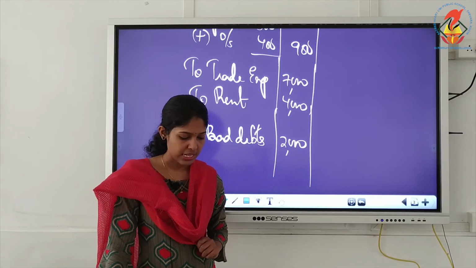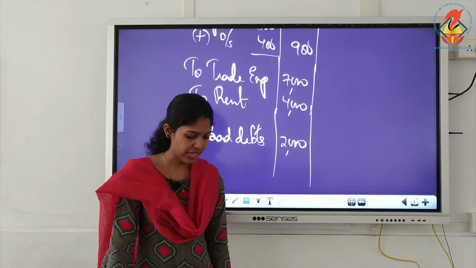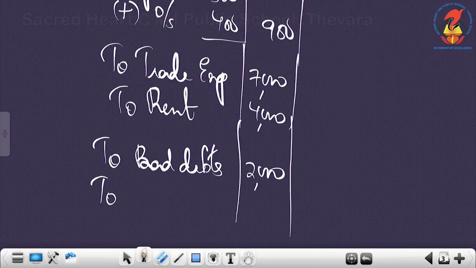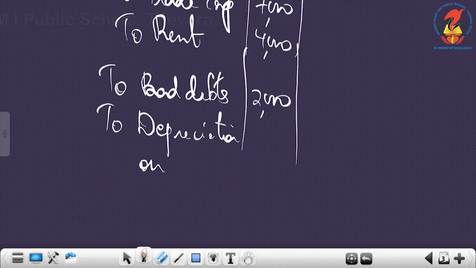Now read the additional information. Closing stock we recorded. Okay, depreciation we have to record. Yes. So next we will record depreciation on plant and machinery, and here the depreciation amount is directly given, 4,000. Okay.